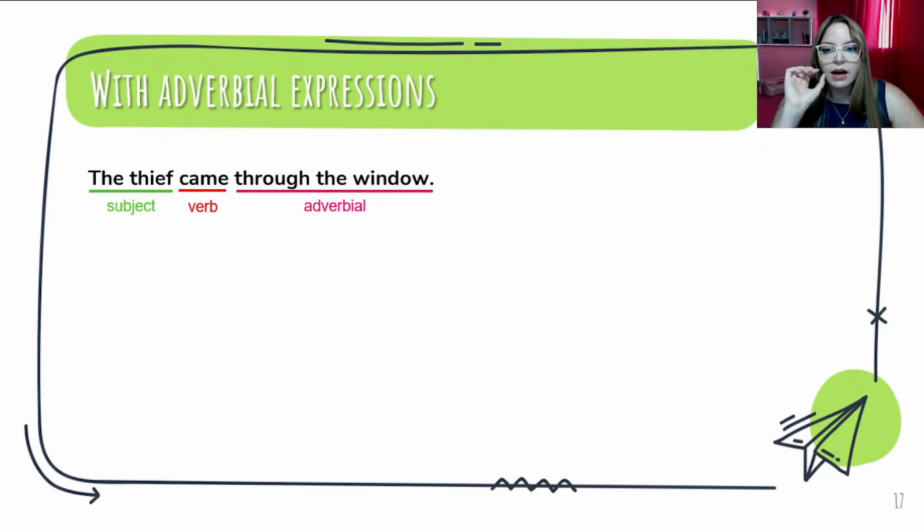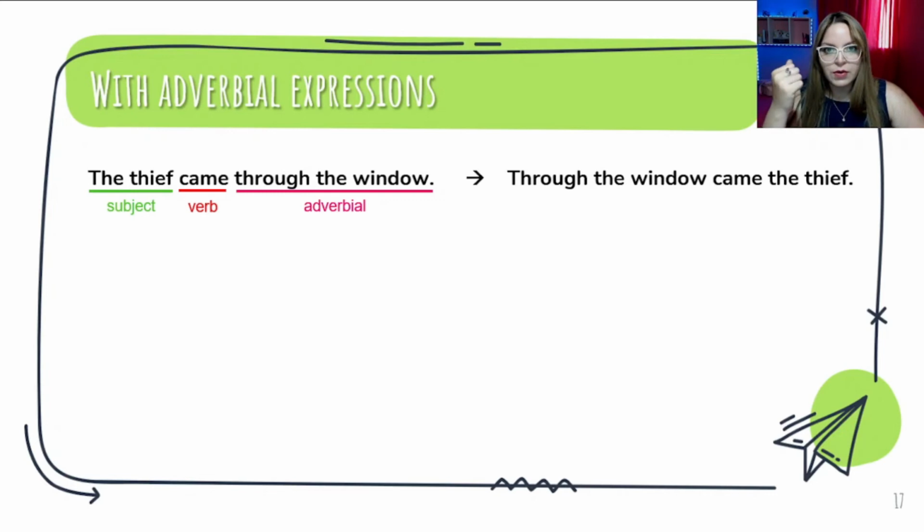This is specifying a place. So how do we transform this into an inverted sentence? We should use the adverbial expression at the very beginning, just as if we are using an auxiliary verb.